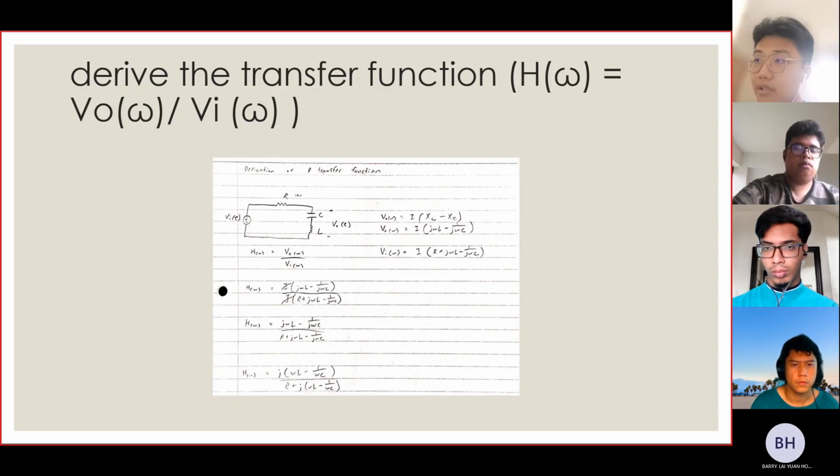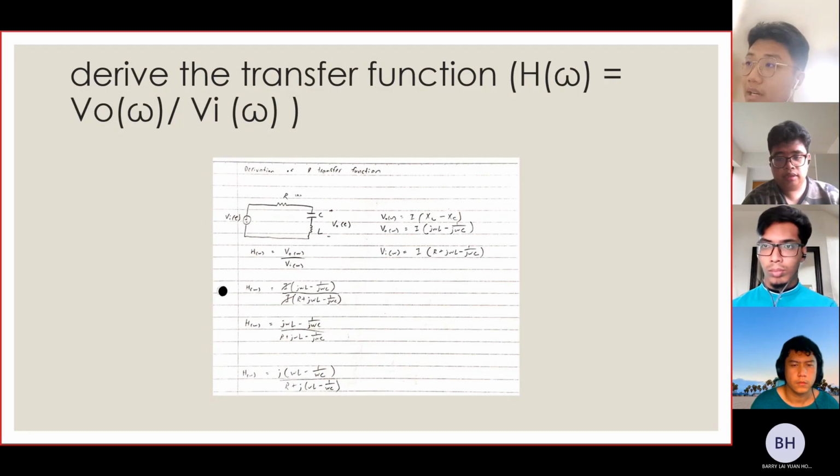For the next one, we need to derive the formula for the transfer function. You can see this is the RLC circuit, and V is equal to IR. For V out, we take the impedance of C and the impedance of L, so we can get this formula. And V in is for the whole circuit.